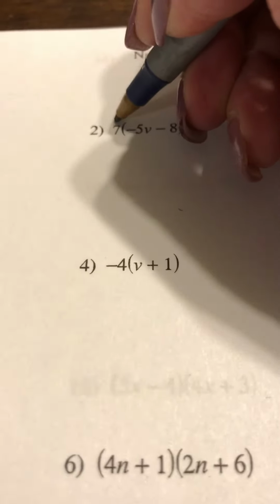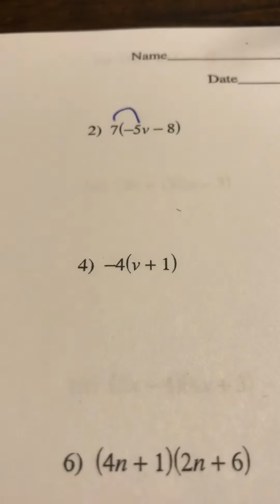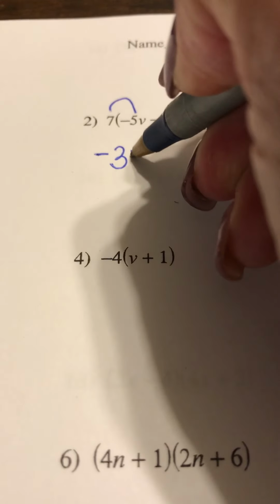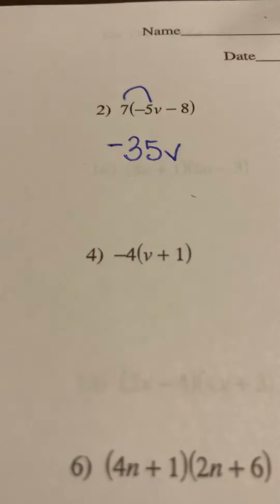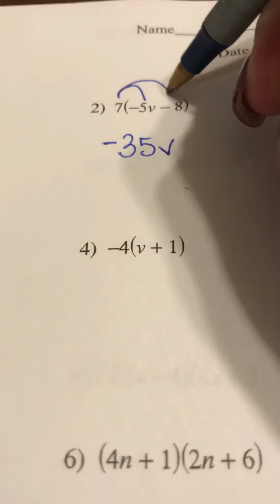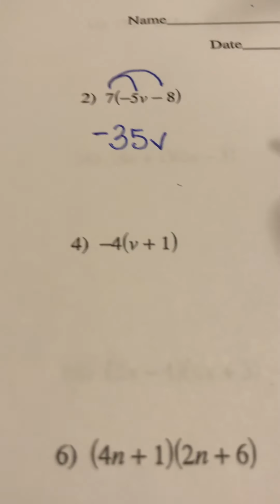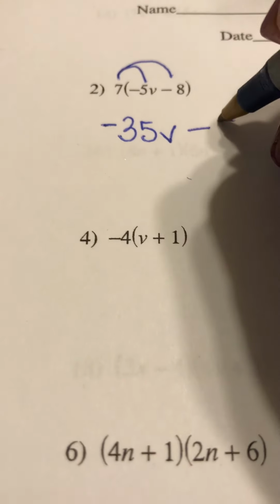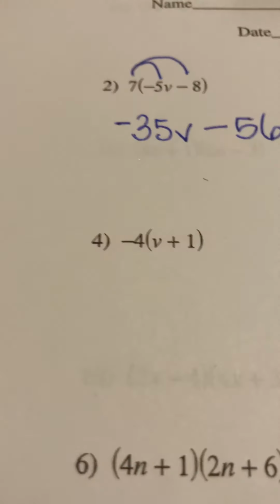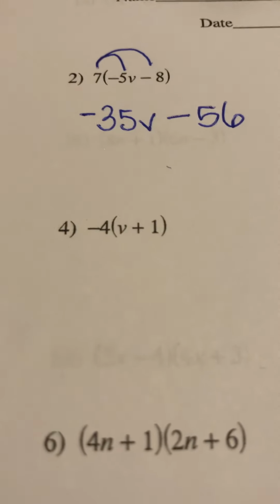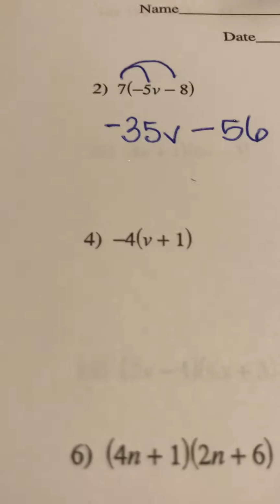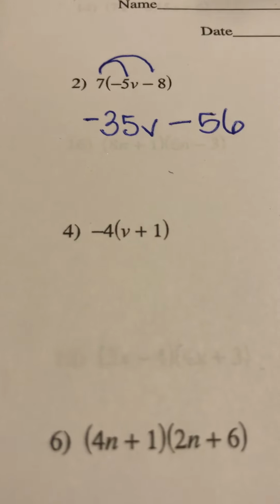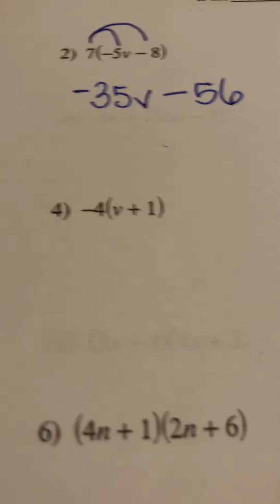I'm going to multiply 7 times negative 5v, and that is going to give me negative 35v. And then I'm going to multiply 7 times negative 8, and that is going to give me negative 56. And that is all I am doing when I'm multiplying that monomial times another polynomial. You're just using distributive property.